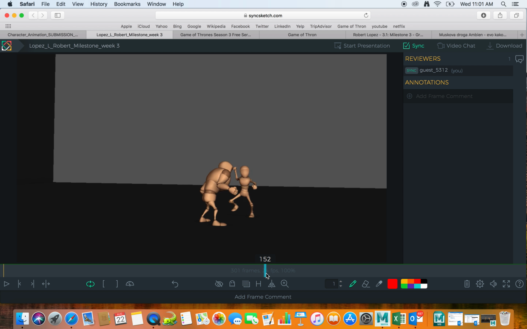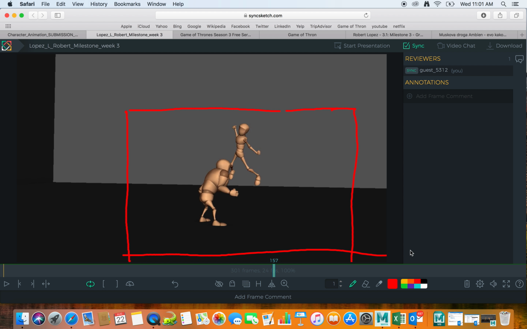There you go. So here is the highest point. So you definitely can go up to here. That would be completely fine.